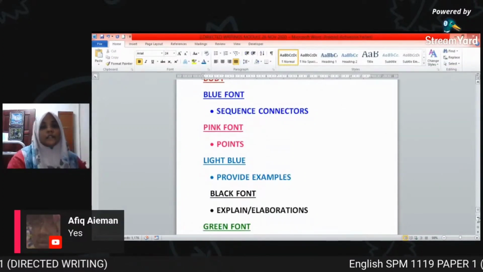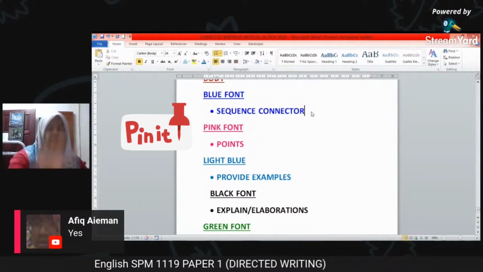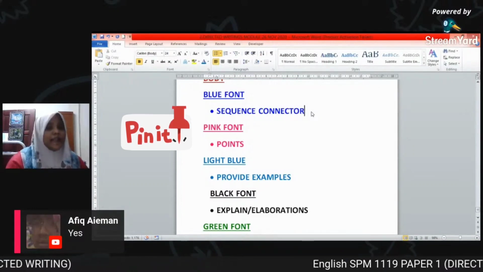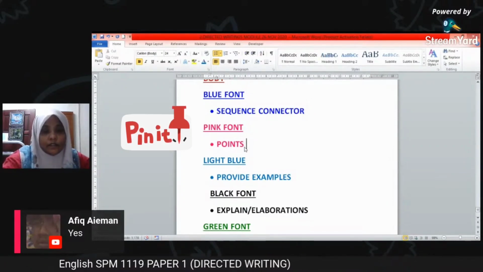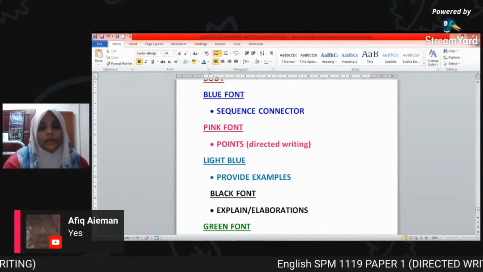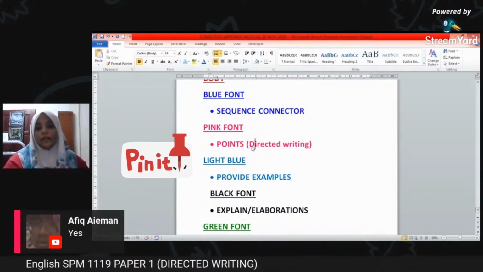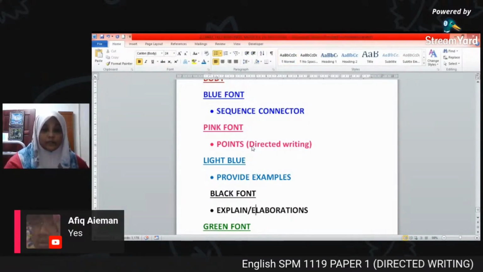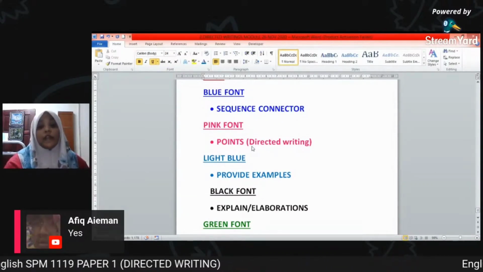Blue font is sequence connectors. Pink font is the points that have been given in your essay, in your directed writing. Light blue is always, if possible, provide examples. Black font, always explain or elaborate.